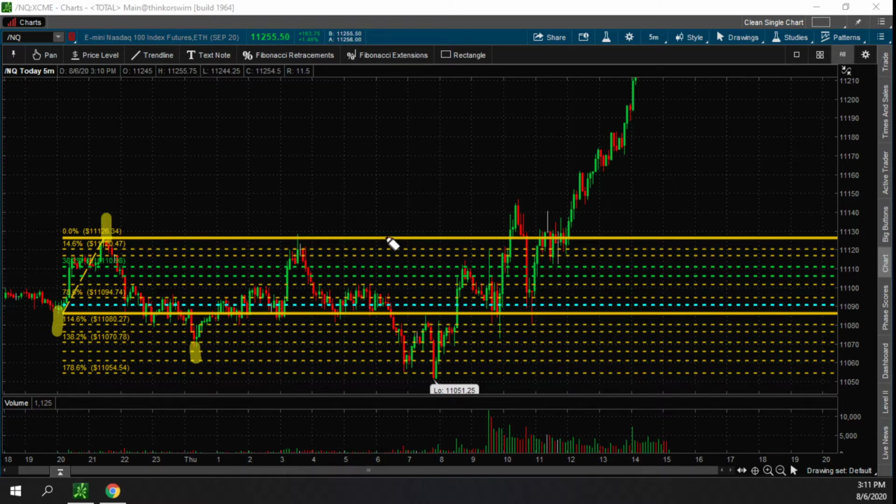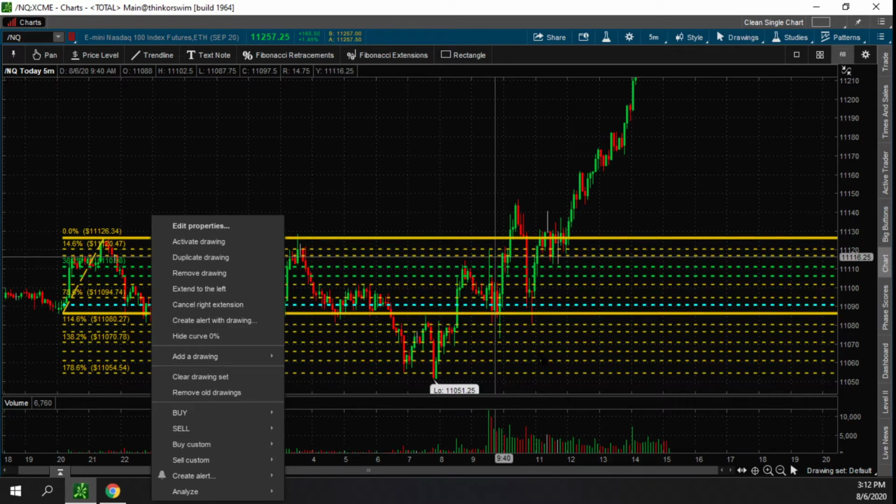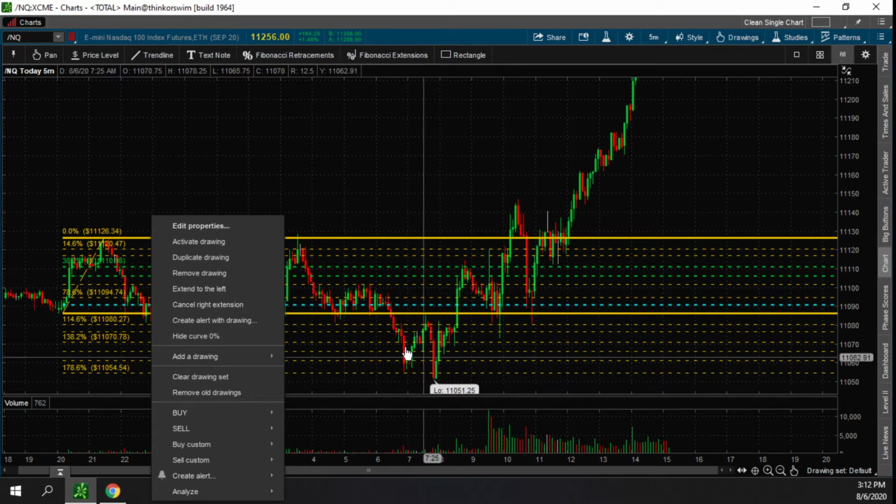Once it gets moving and it's on a day session, this is one thing you have to do. You have to redo them. Like this is your night session. This is basically your target points.